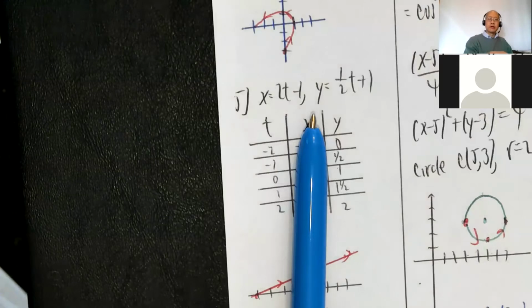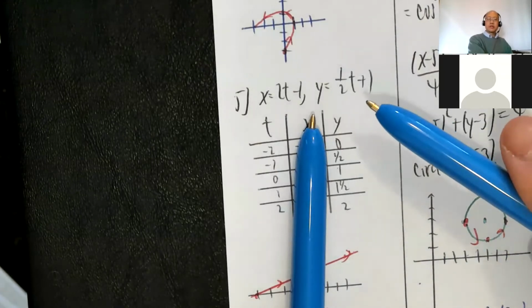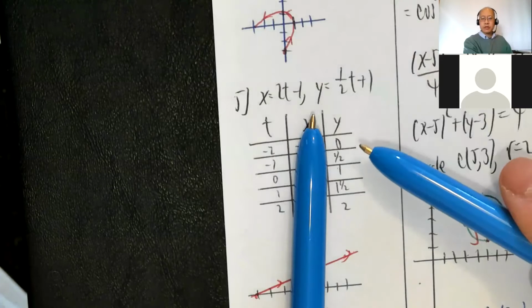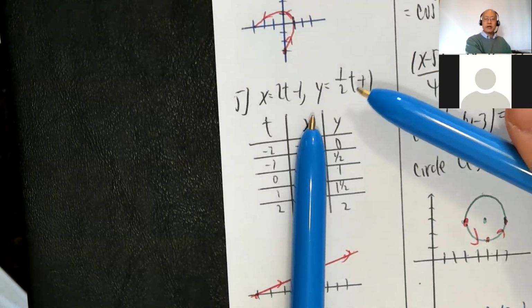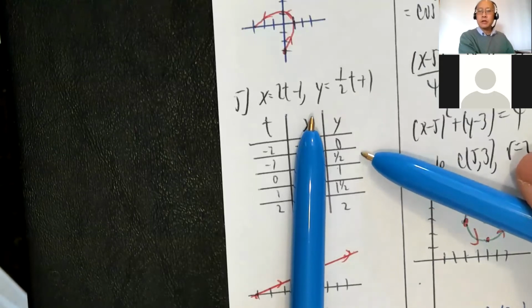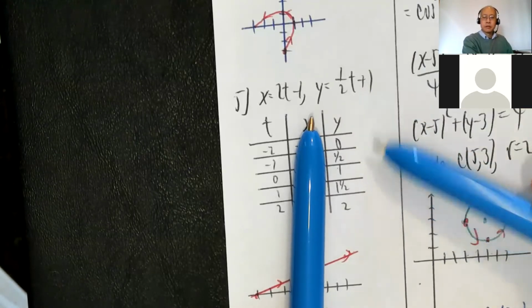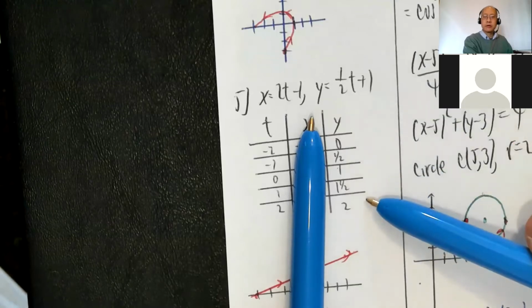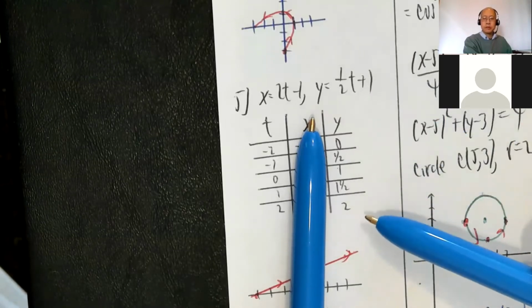Half t plus 1. Okay, so plug in -2. 1/2 of -2 is -1. Plus 1 is 0. Plug in -1. -1/2 plus 1 is 1/2. Plug in 0, 1. Plug in 1, 1.5. Plug in 2, 2.